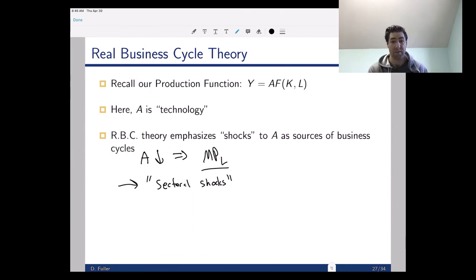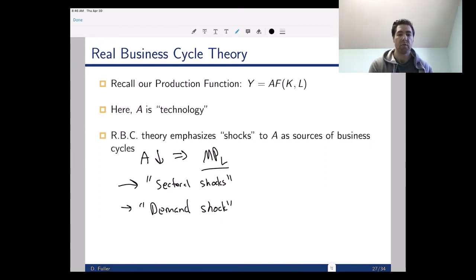You could also think of it as simply a demand shock. Meaning, I own a restaurant, I have the same capital and labor that I had before, but people don't want to eat at the restaurant. That would look like, in the data, a TFP shock or a technology shock, because I have the same capital and labor, but I can't produce as much output.